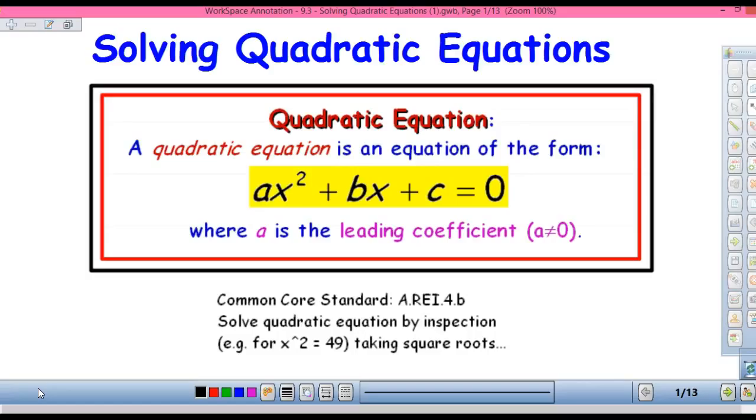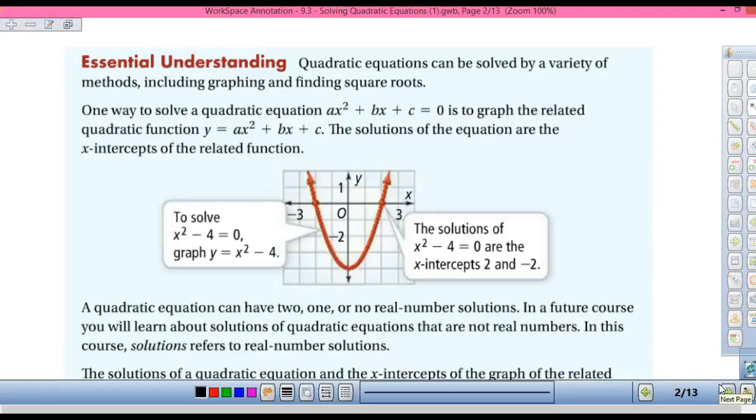I know that's your favorite. And then we're going to talk about something called completing the square, and then the quadratic formula. So, super good times. All right, we know we've talked about the fact that the solutions are what?